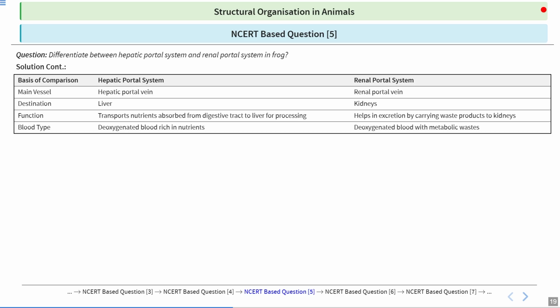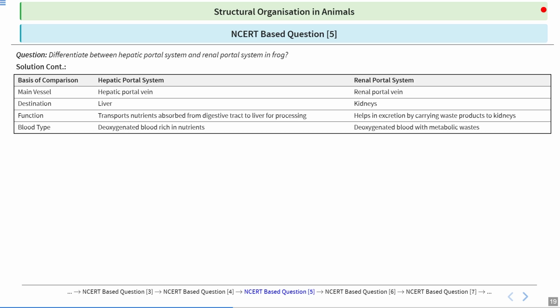Function. What is the function of this? Why are these veins entering this particular organ? Think about this. Coming to the function: transport nutrients absorbed from the digestive tract to the liver for processing. There is still a requirement of processing, right?